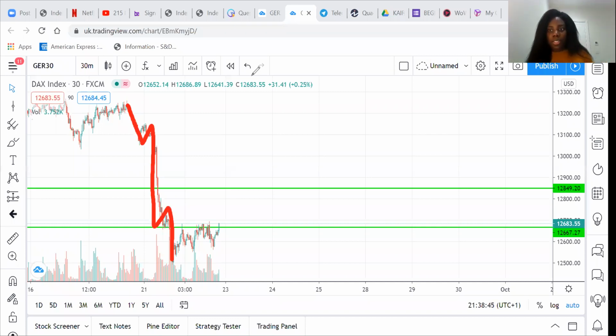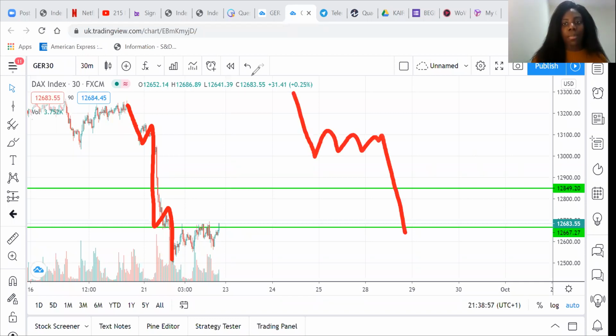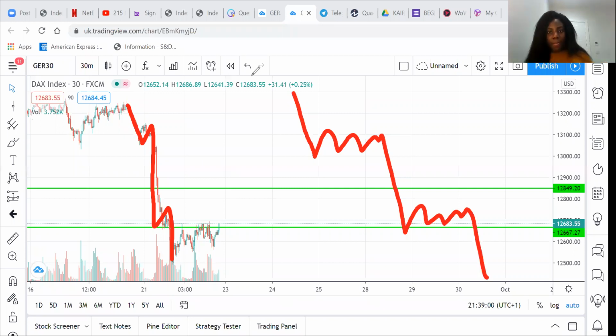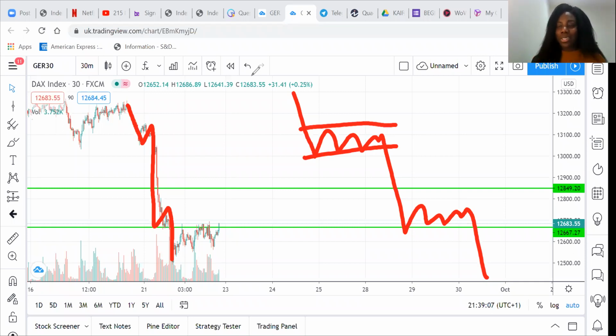Okay, this is the zigzag. All right, so what is a zigzag? A zigzag consists of a leg and a step. So a leg, a step, a leg, a step, a leg. The step is consolidation, an area of consolidation.